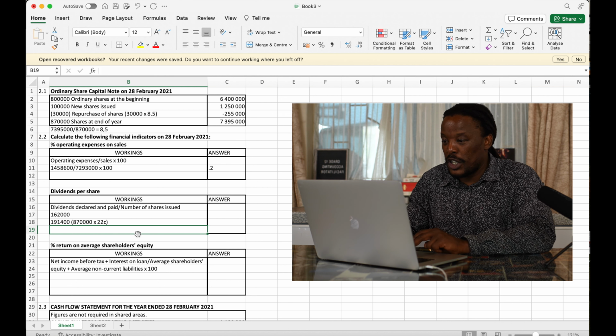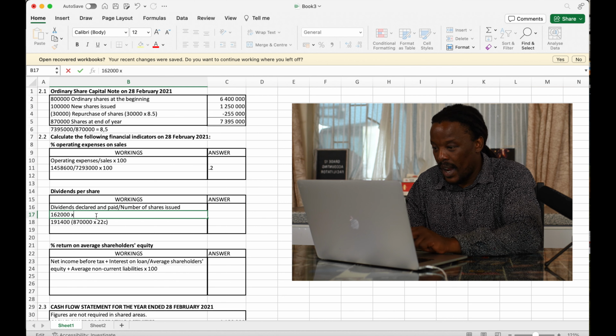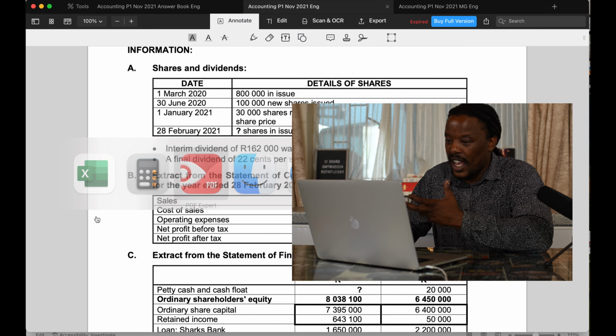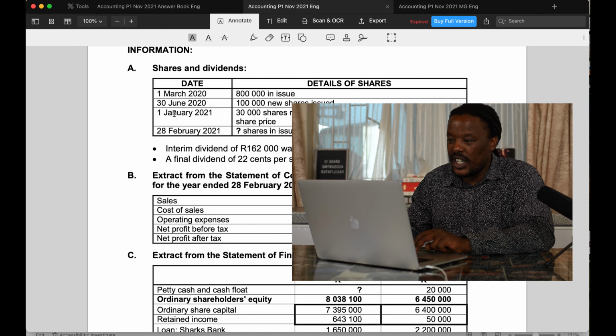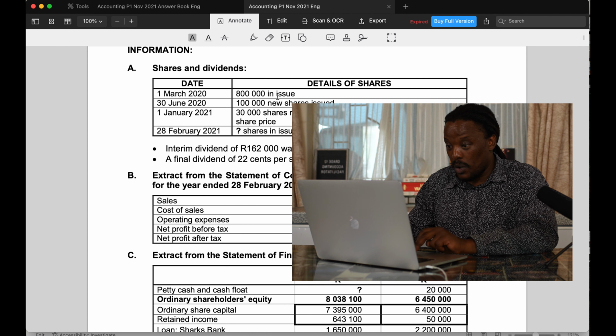Now we have 22 cents. We want to determine the dividend per share. In terms of 162,000 multiplied by, these shares were actually repurchased in January. So earlier it was 900,000, as you can see.